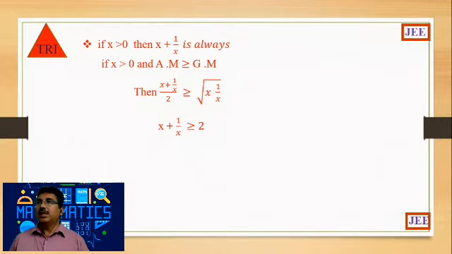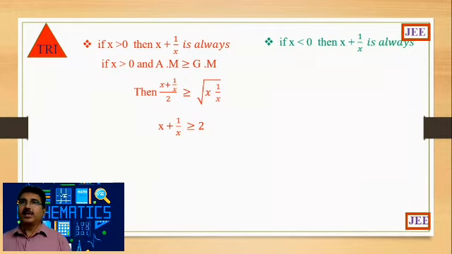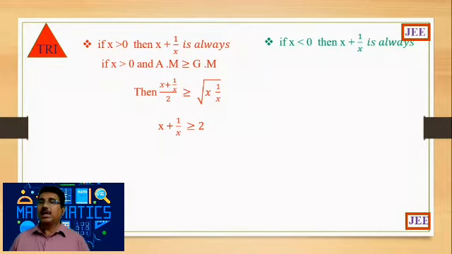Right. Now, if x less than 0, then x plus 1 by x is always, right? So, if x less than 0, then minus x greater than 0, and minus x and minus 1 by x are two positive real numbers.